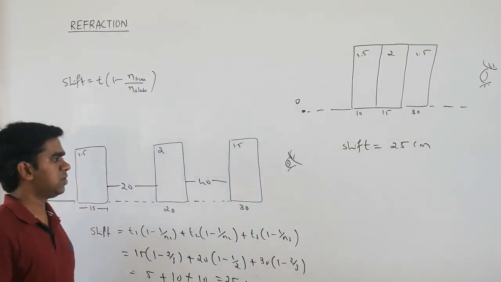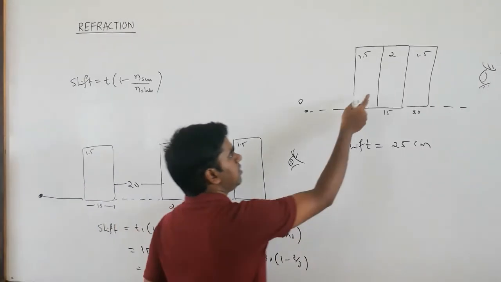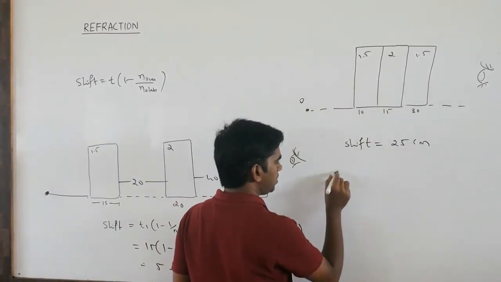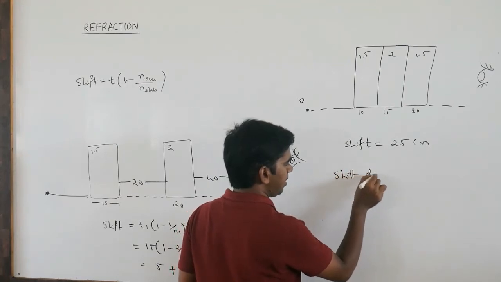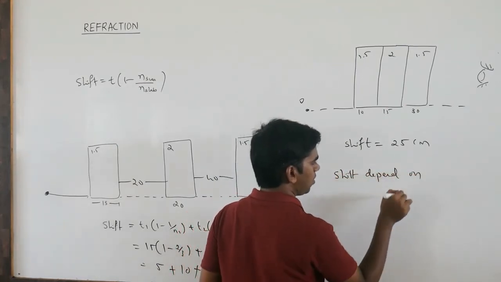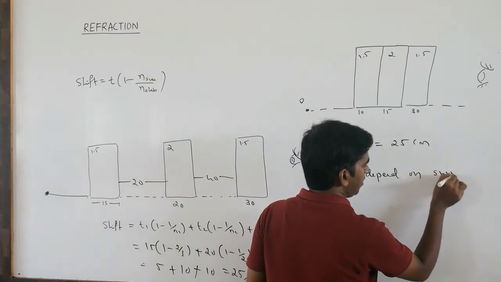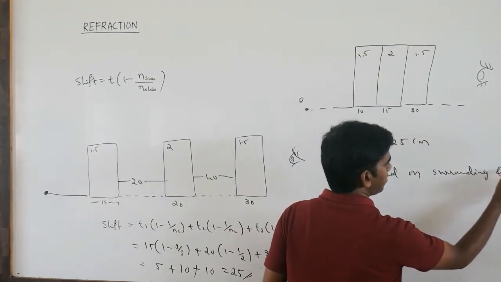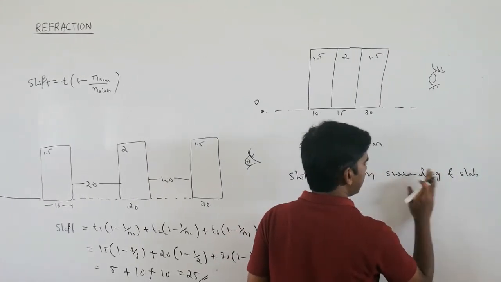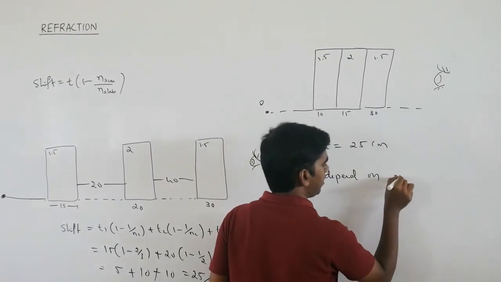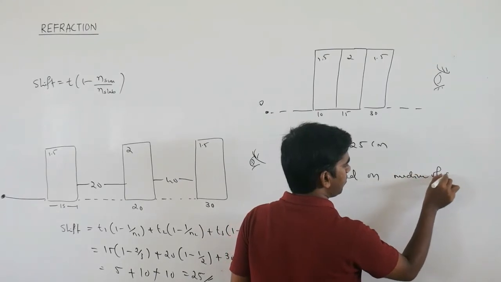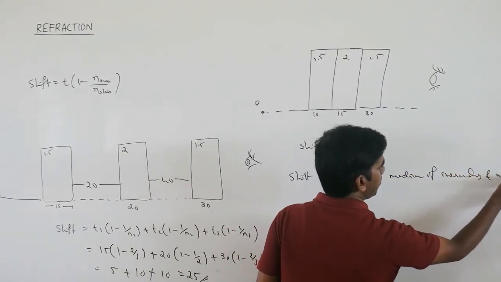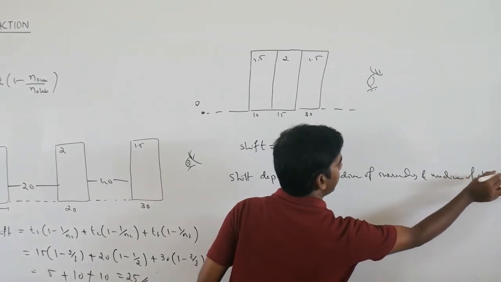That means the shift does not depend on the medium which is in contact with the given medium. So shift depends on what? Shift depends on the medium of the surrounding and the medium of the slab.